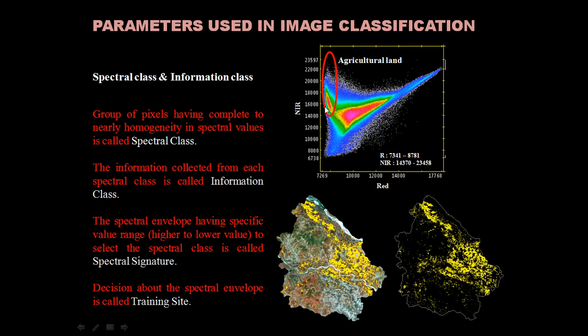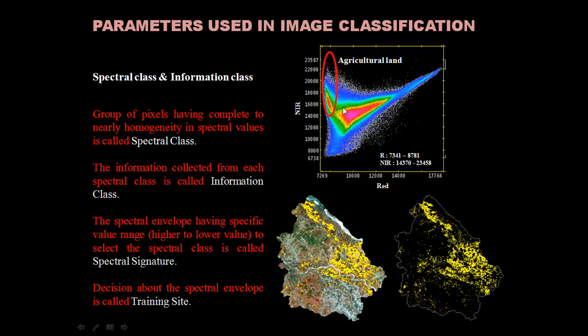Meaning this red circle is the training site, and the values within this training site are called the spectral signature, and this spectral signature is determining the information class, and this information class has been determined from this spectral class.